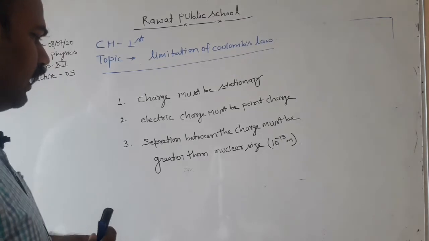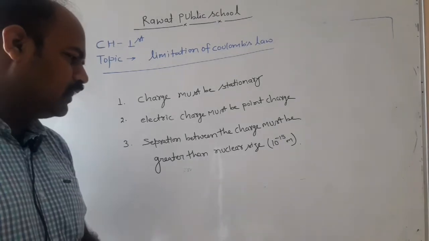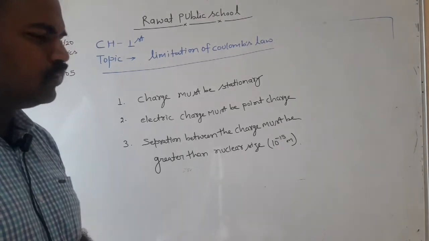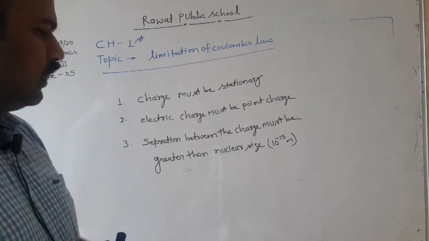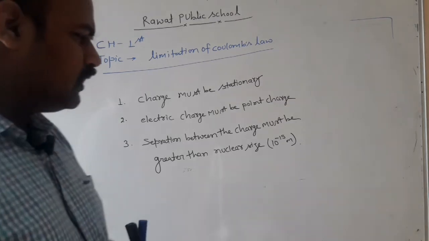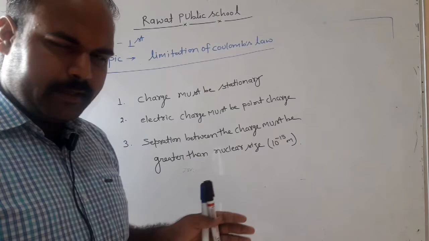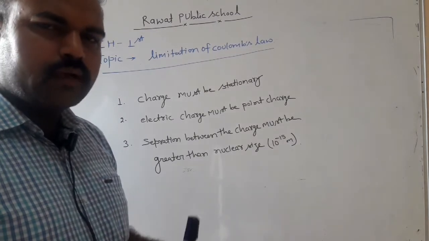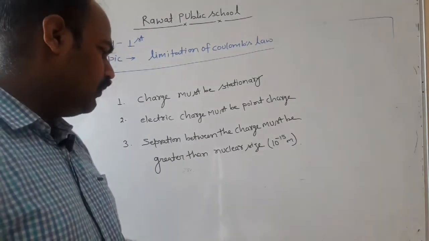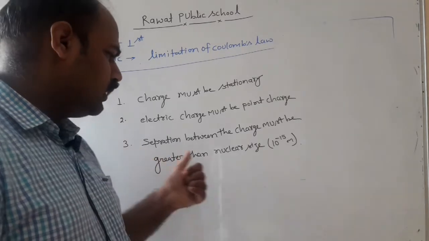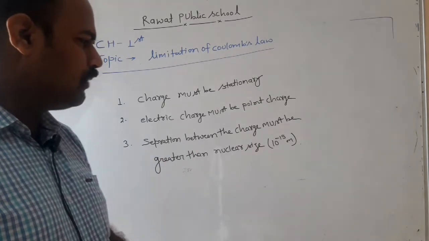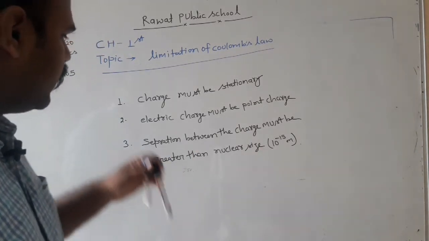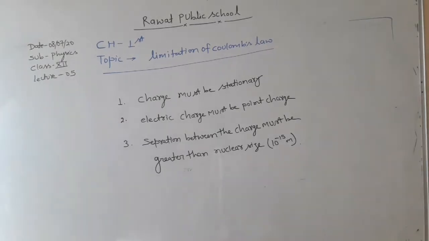Third, the separation between charges must be greater than nuclear size, that is 10 to the power minus 15 meter. If the separation is less than 10 to the power minus 15 meter, there will be nuclear force. But we require only electric force, so the distance will be greater than 10 to the power minus 15 meter. So write down all three limitations.